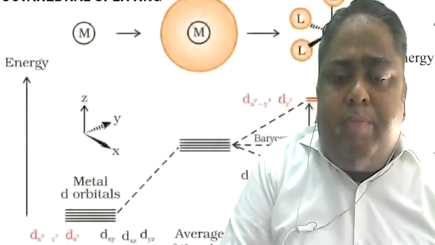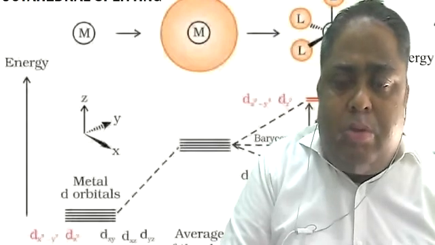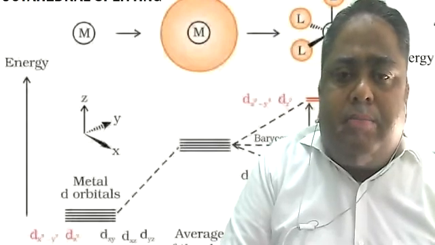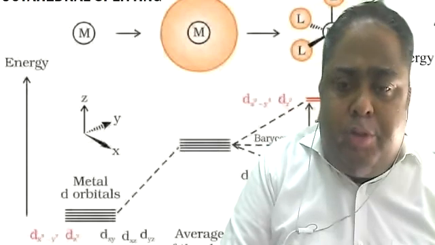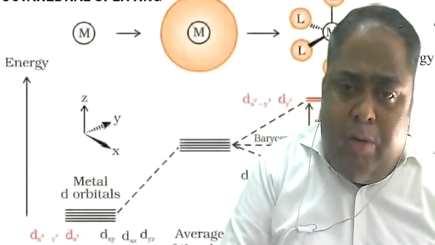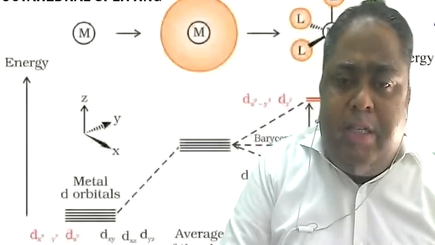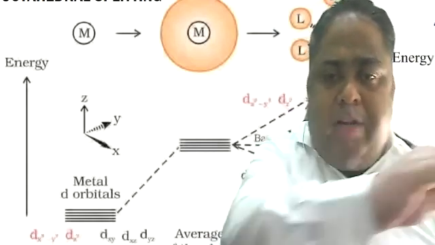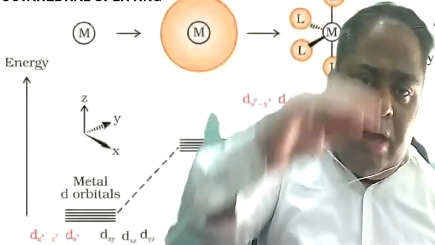So in this way, various complex compounds show colors due to the absorption of white light. From the white light, a particular energy of the light is absorbed and used to go to the high energy level.